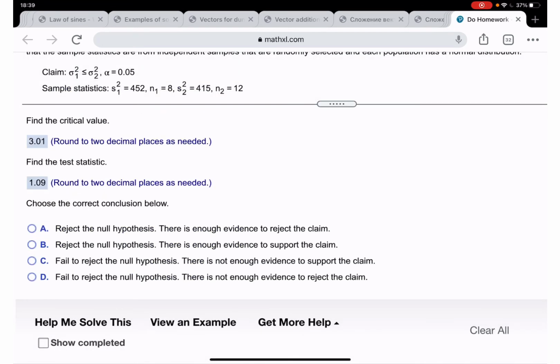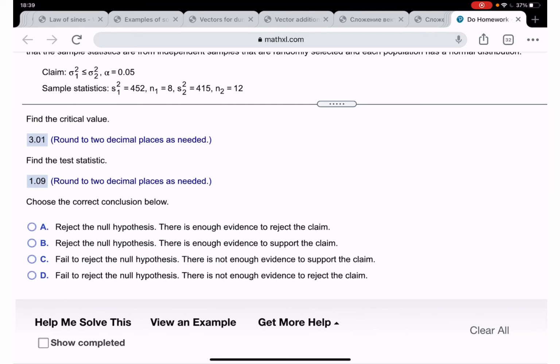Okay, well done. So what else do we have left here? Draw a correct conclusion. Critical value 3.01, the test statistic is less. That means we fail to reject the null hypothesis, right? But our claim is the null hypothesis. That means there is not enough evidence to support, right?